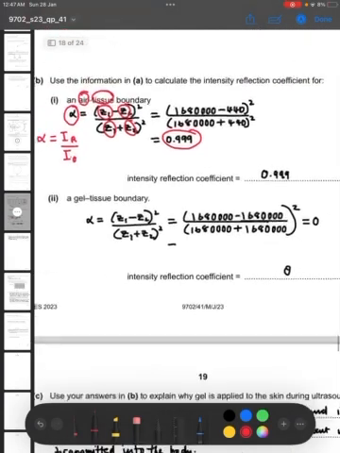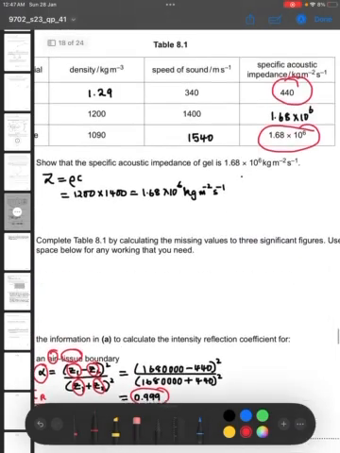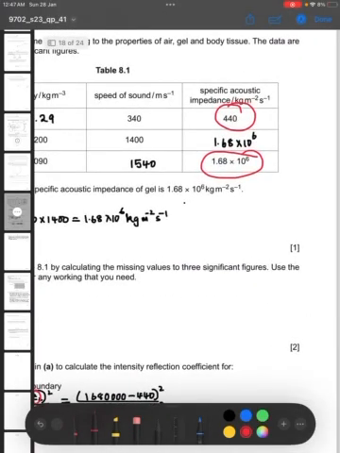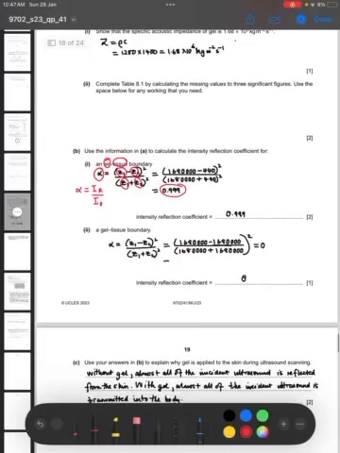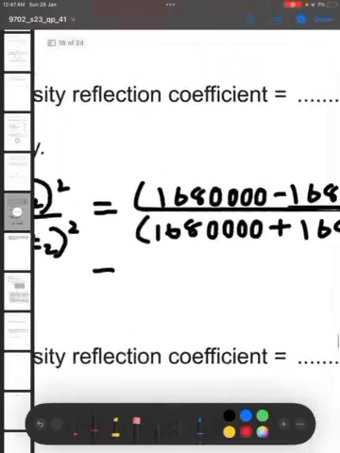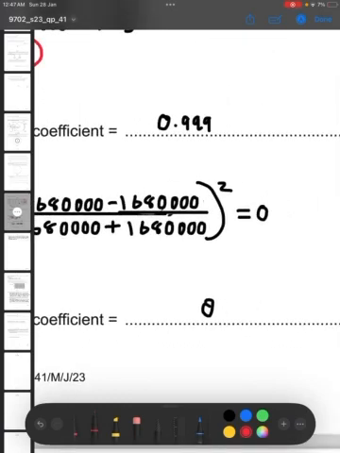Then they also want the intensity reflection coefficient between the gel and the tissue. Between the gel and the tissue, they have equal acoustic impedances. So as you can see, it is this minus this over this plus this.